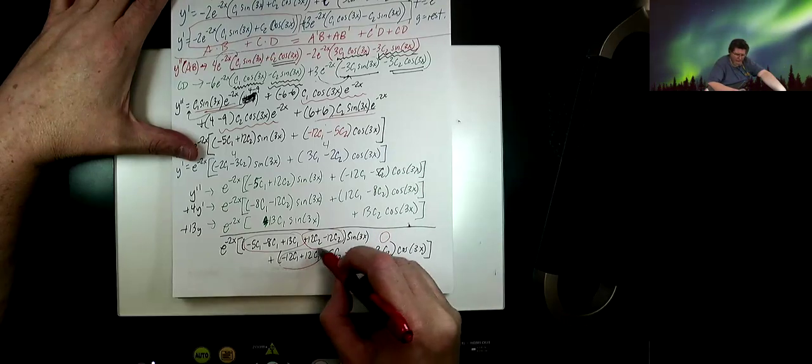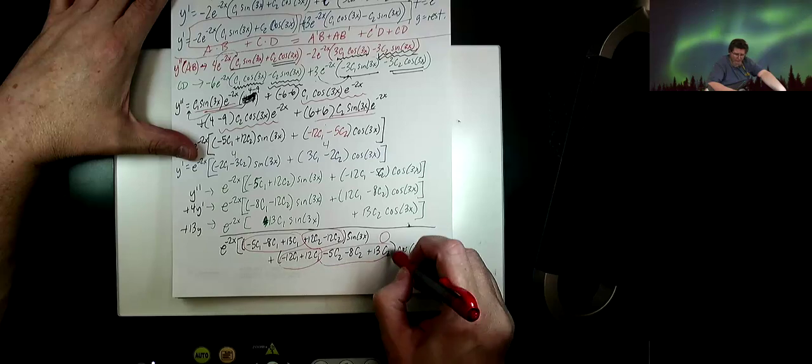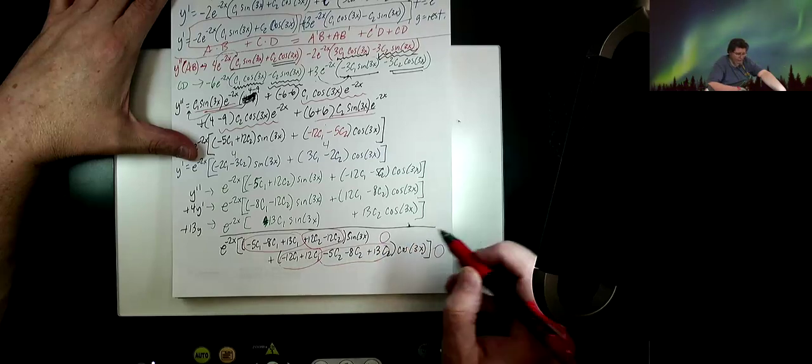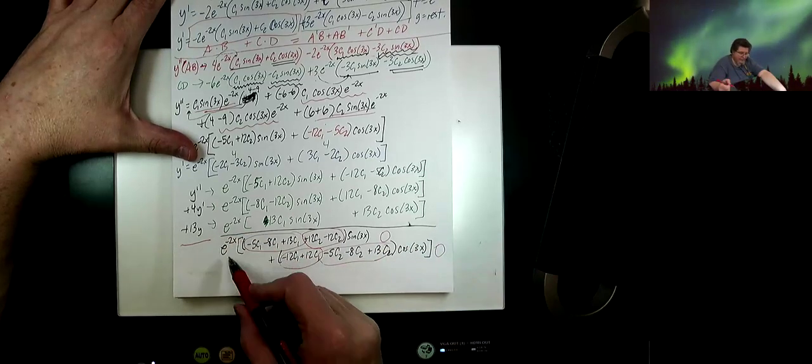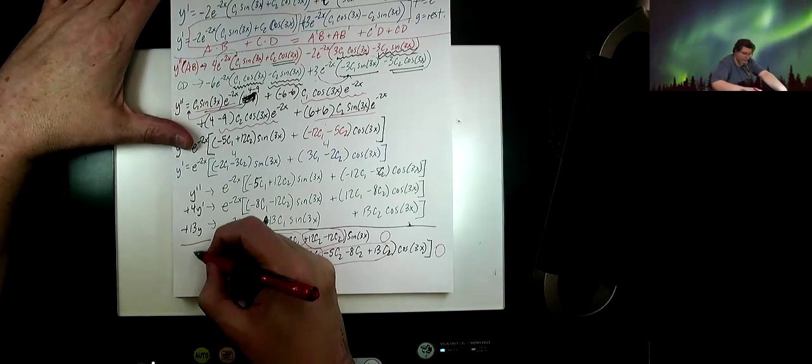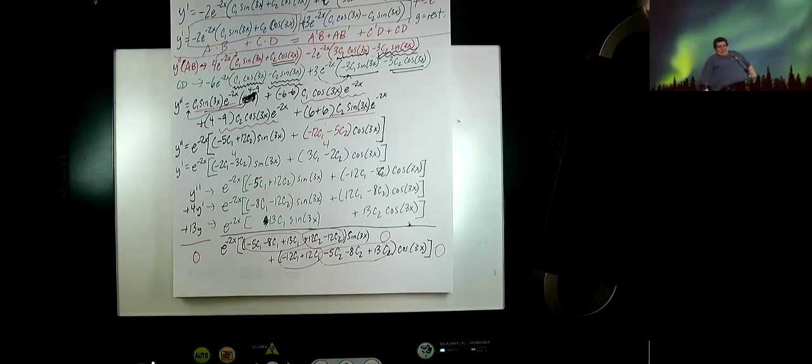So this is e to the negative 2x times 0, which is 0. It does equal it. It worked. Which is really good. There was a lot there and I didn't want to mess it up.